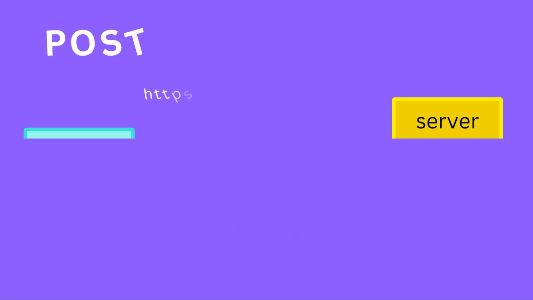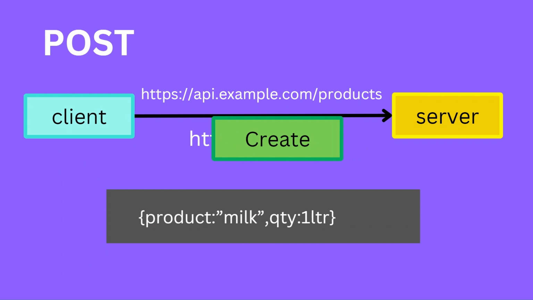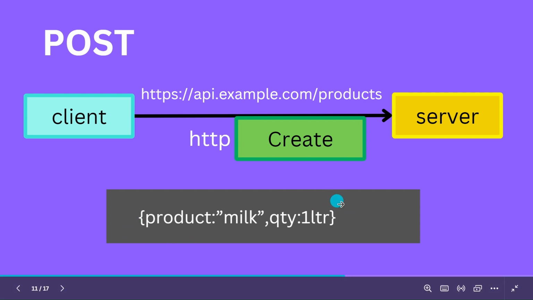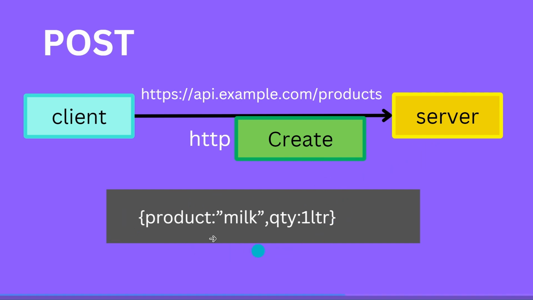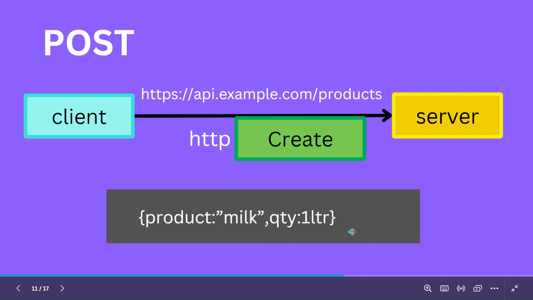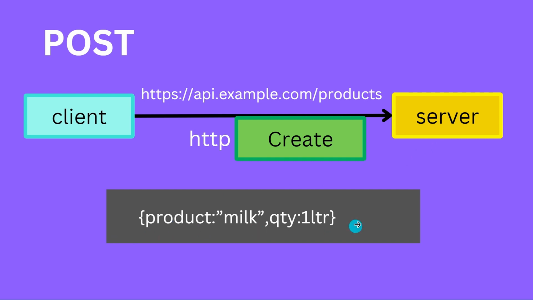So let us explore the post method. Here we will not be getting any data from the server, rather we will be adding new data to the server. We are using the post method for the create operation. We need to send this data to the server and store the information on the server. So here is the demo data we are sending to the server.